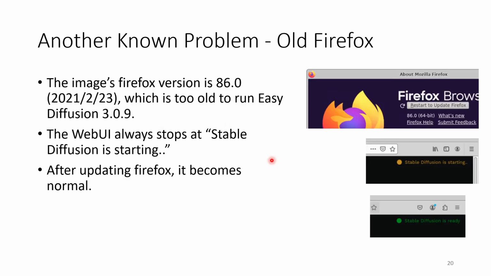Another problem is that the image was created maybe 3 years ago, so the default Firefox is slightly old. The version is 86, which was 3.5 years ago. That version of Firefox is incompatible with Easy Diffusion.